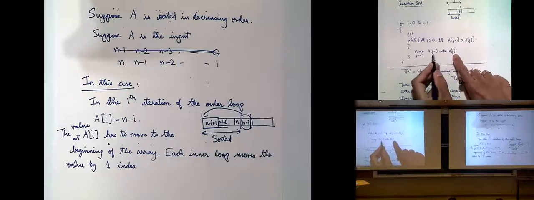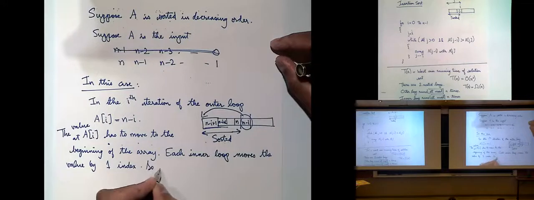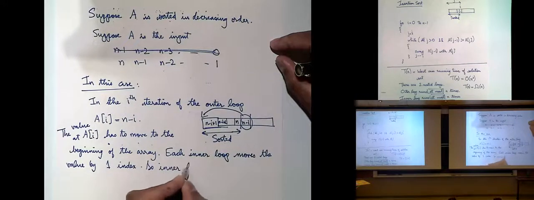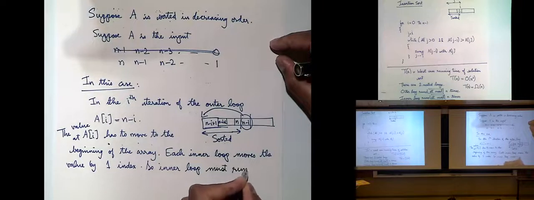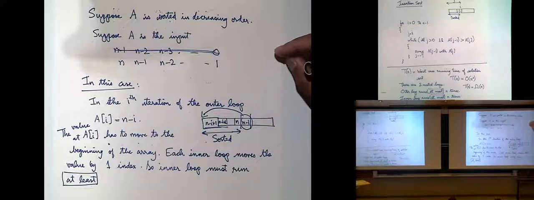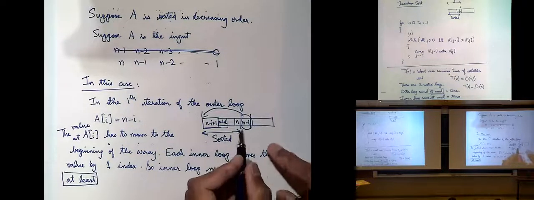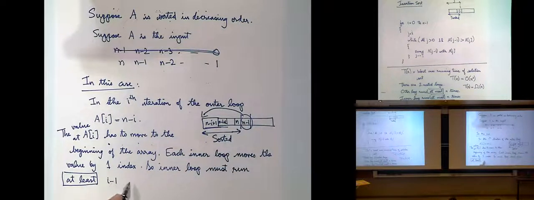Because you're just swapping. So the inner loop must run at least, and this is the important thing, because it can only move by 1. So it has to run at least, well, technically it's like i minus 1 times.